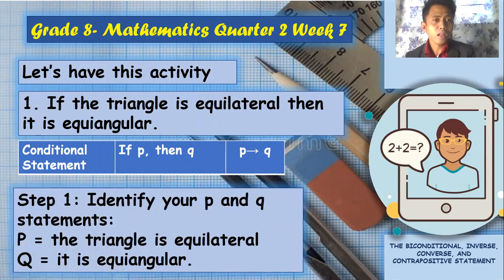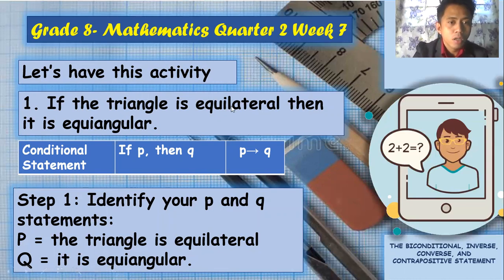So the first step in our lesson is to identify our P and Q statements. By knowing it is a conditional statement, we can easily identify our P statement and our Q statement by following the pattern and the condition.